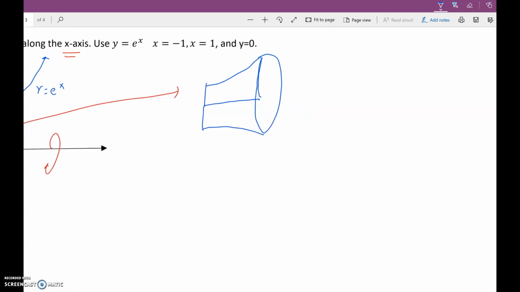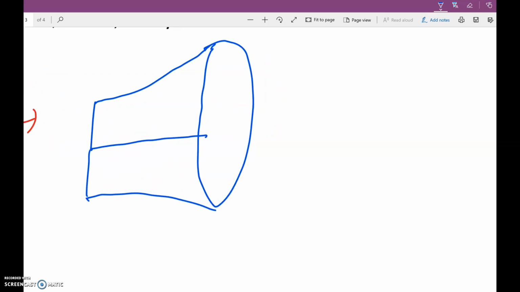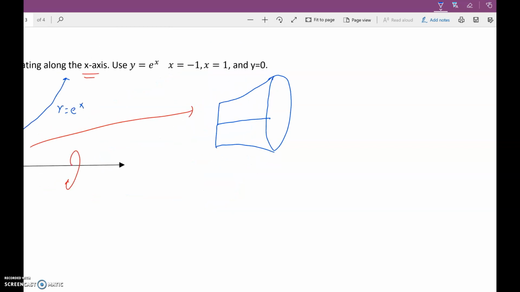Let me make this better. Okay, so this is the center, the y equals 0 line. And as you can see, this is your radius.